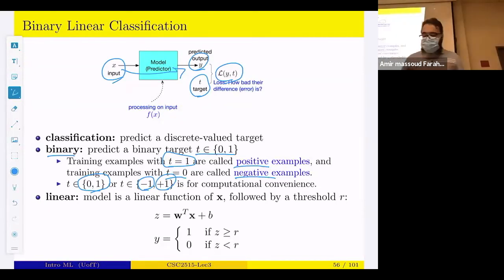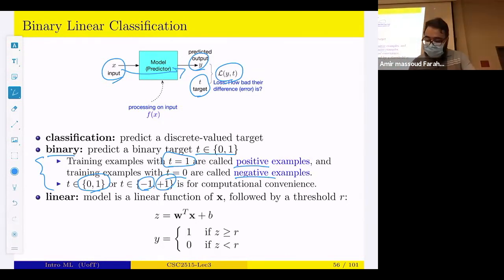I think sometimes for computational convenience or having a nicer formula, we assume the targets are -1 or +1. Sometimes we just assume that it is 0 and 1. So it would be clear from the context. So these are the targets: either 0, 1 or -1 or +1, or we just call it positive or negative.